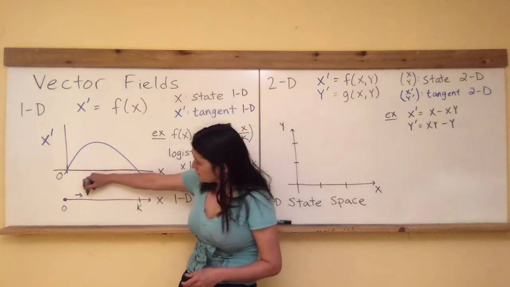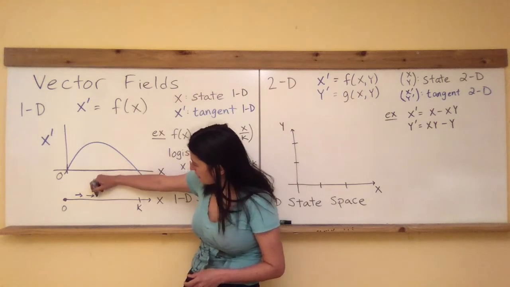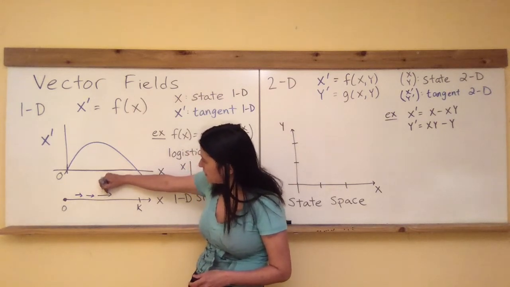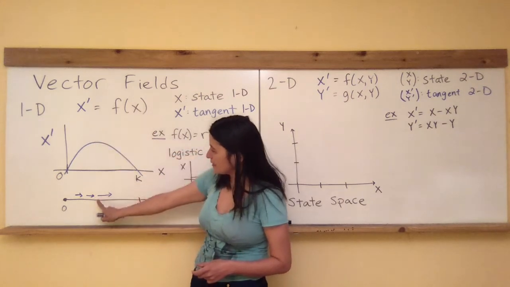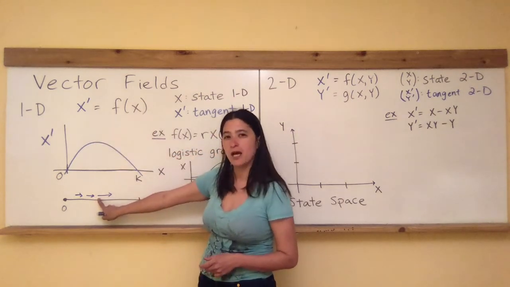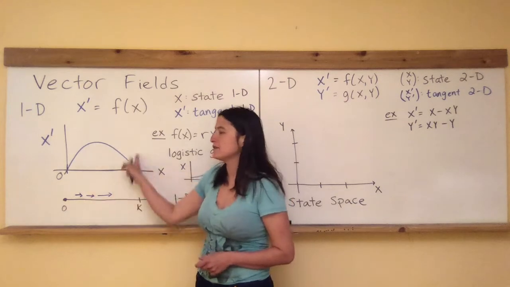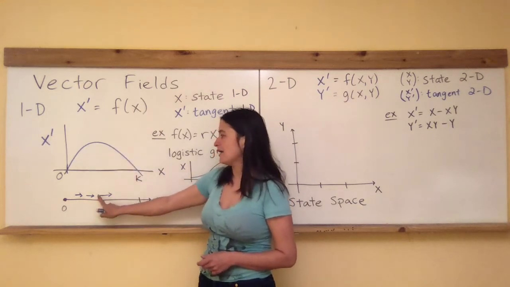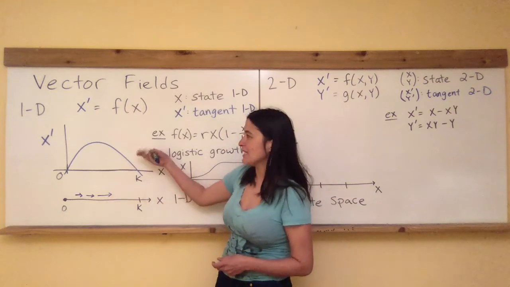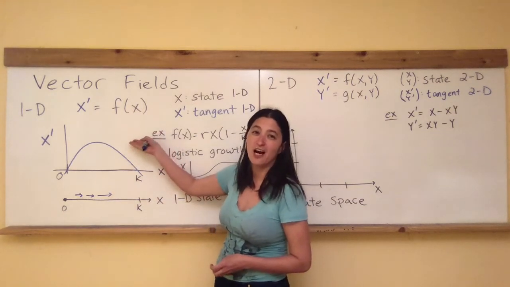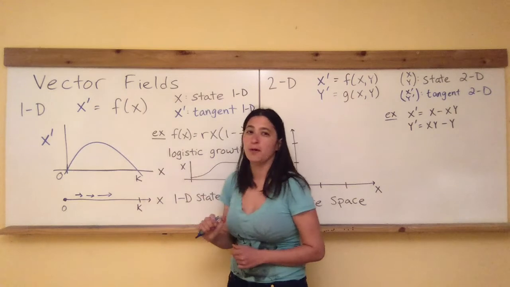As I approach that, my vectors are getting bigger and bigger, and right where I have this peak, I'm representing it by a vector that's still pointing to the right, because x prime is always positive in this range. But you can see that I've been making the arrows bigger, because this output for x prime is getting higher and higher as I get to this point.